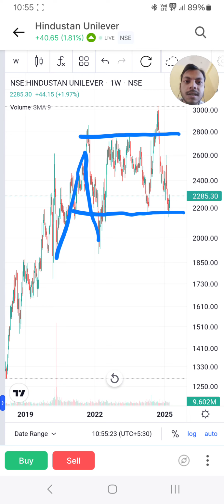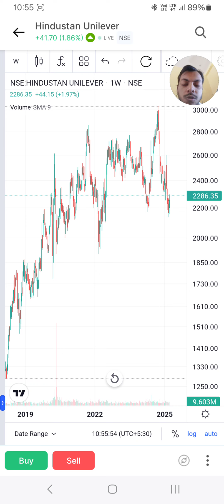The entire up move was corrected, then it again rose to the previous high, and this part here is around 2 years. For 2 years it was consolidating within the range of 2800 and 2500, with 2800 as the resistance on the upper side and 2500 as the support on the lower side.